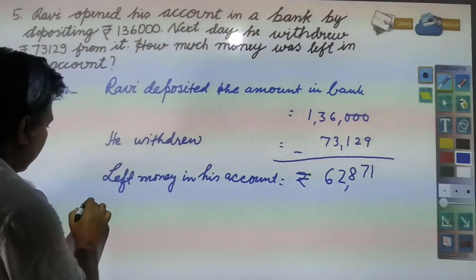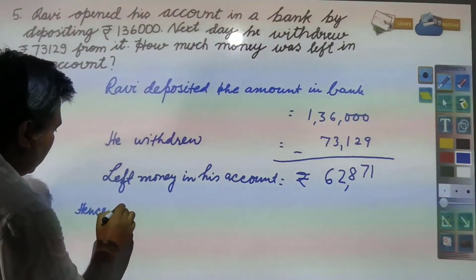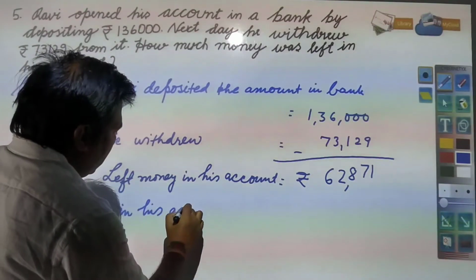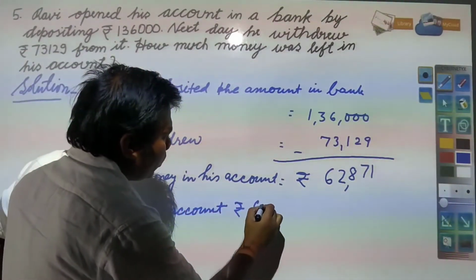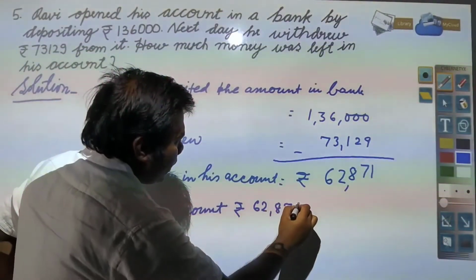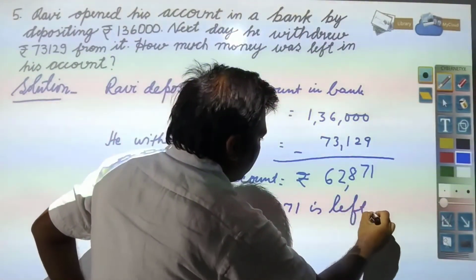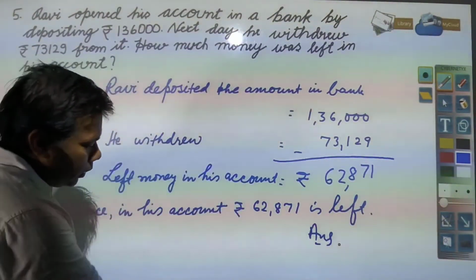So you will write, hence in his account rupees 62,871 is left, and this will be your answer. Next you see.